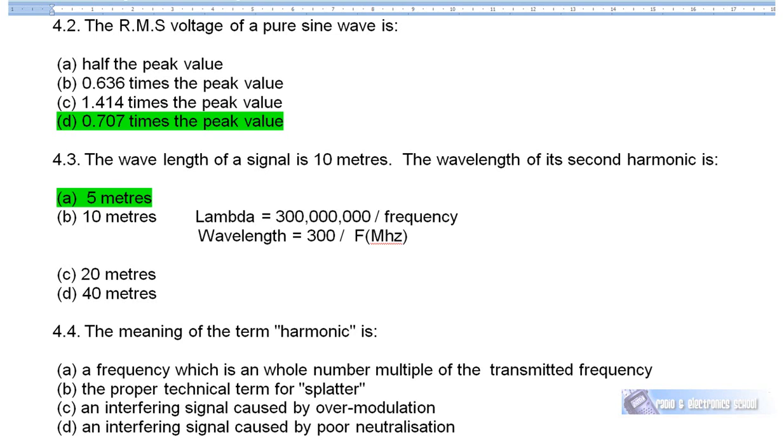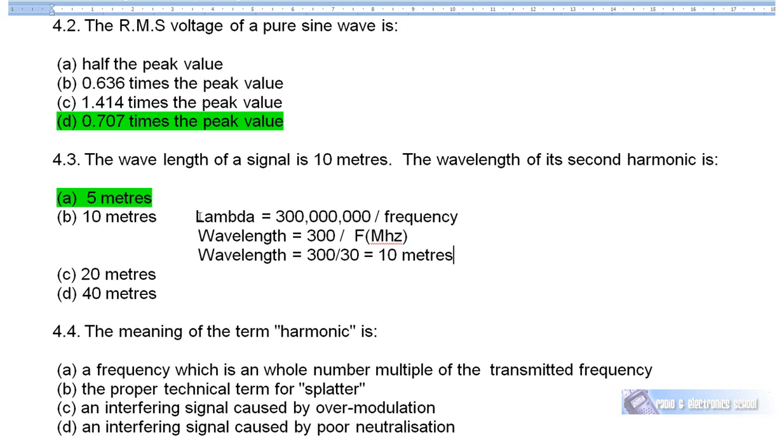For example, if we wanted to know the wavelength of a 30 megahertz sine wave, wavelength equals 300 divided by 30 megahertz equals 10 meters.